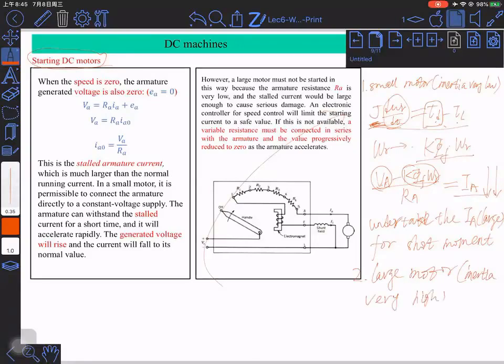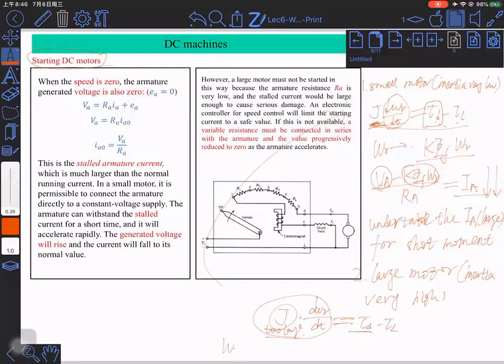If it's very high, as we mentioned, this J is too large. And eventually, with the same torque, we won't be able to immediately change the speed, even if we have very large torque. It takes a while to change the speed.